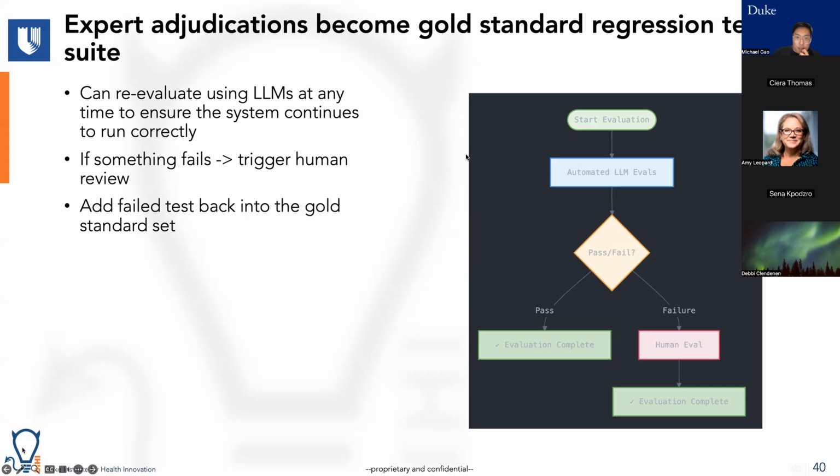Obviously, for cost reasons you can't do that, but even if you run it once or twice a day to make sure it continues to work and the cost is reasonable, that happens at a much higher frequency than a human spot check. Of course, the more human spot checks you can afford, the better. But certainly, if something fails beyond a certain threshold, that's where you want a human in the loop.